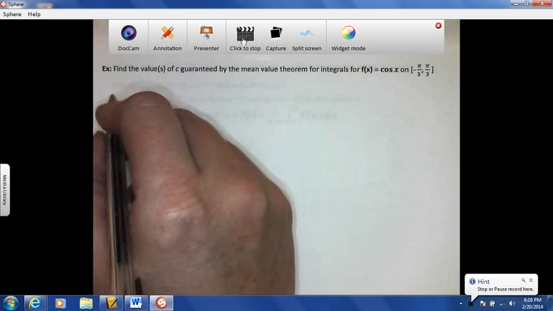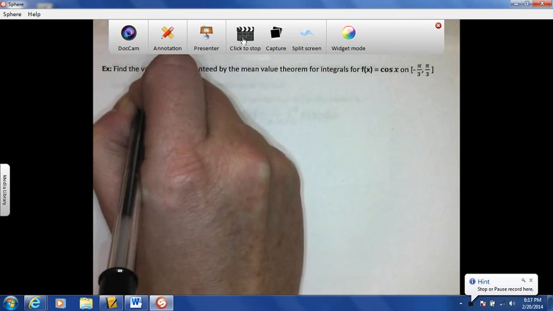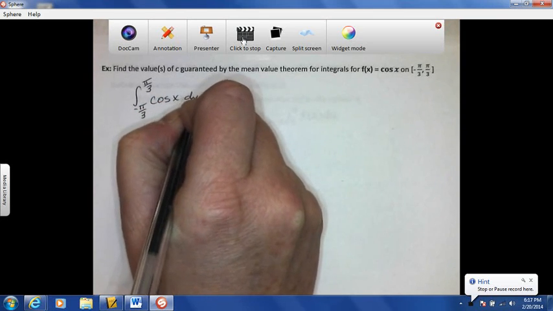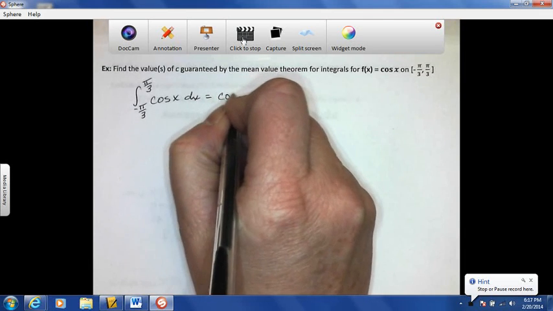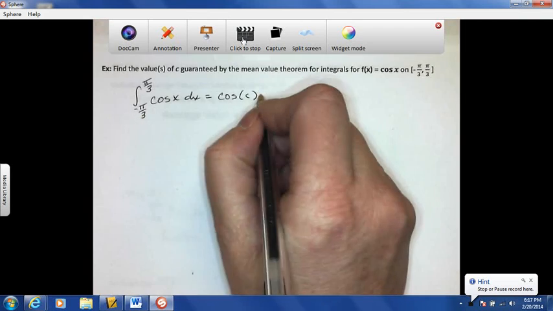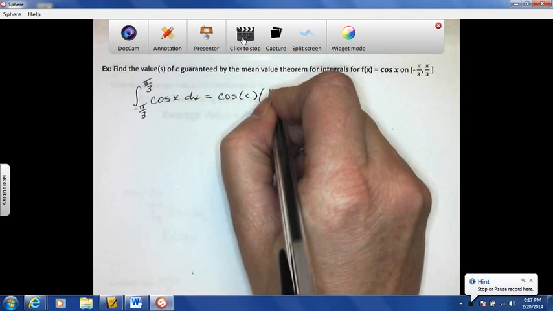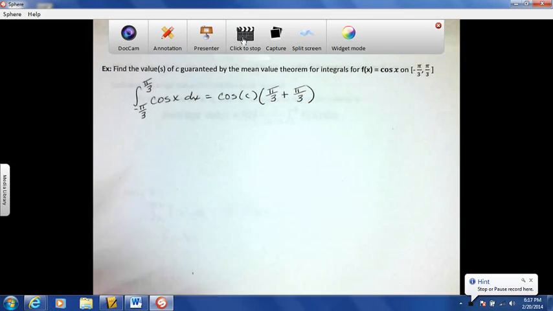Now, what the mean value theorem states is that if we integrate from negative pi over 3 to positive pi over 3 of our function cosine of x dx, we will be able to calculate the area under the curve by also calculating the area of a rectangle where the height of the rectangle is found by the function evaluated at c, and the base of the rectangle is the width of the interval. So that would be pi over 3 minus negative pi over 3.